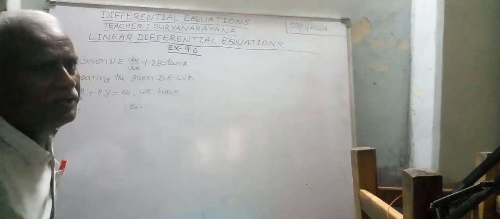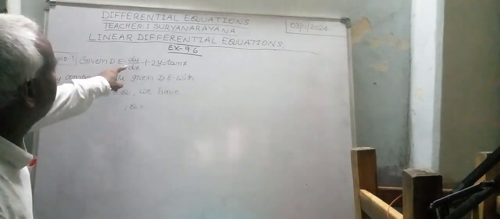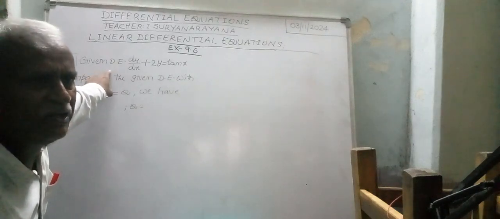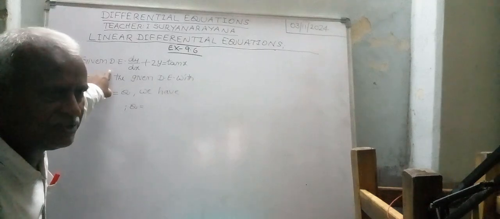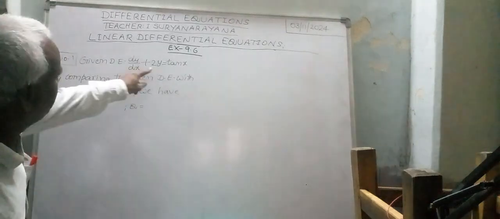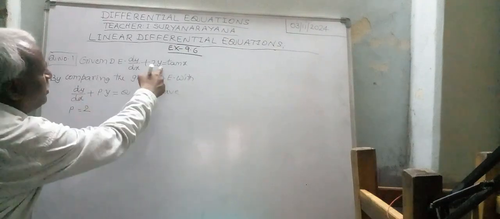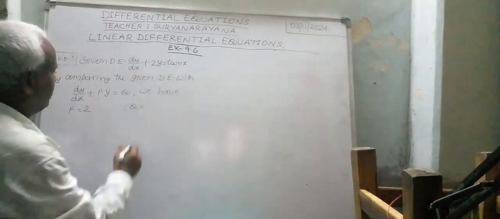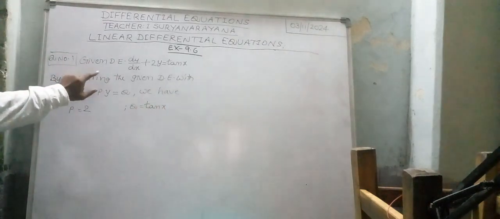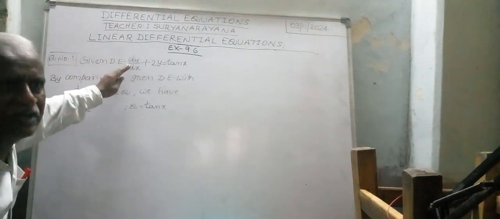We compared the given linear differential equation with this standard form. Now tell me what is p and what is q. P is nothing but the y coefficient and q is nothing but what is after the is equal to sign, that is tan x. So the first step is over. This is the first step: the given linear differential equation is itself in the standard form.